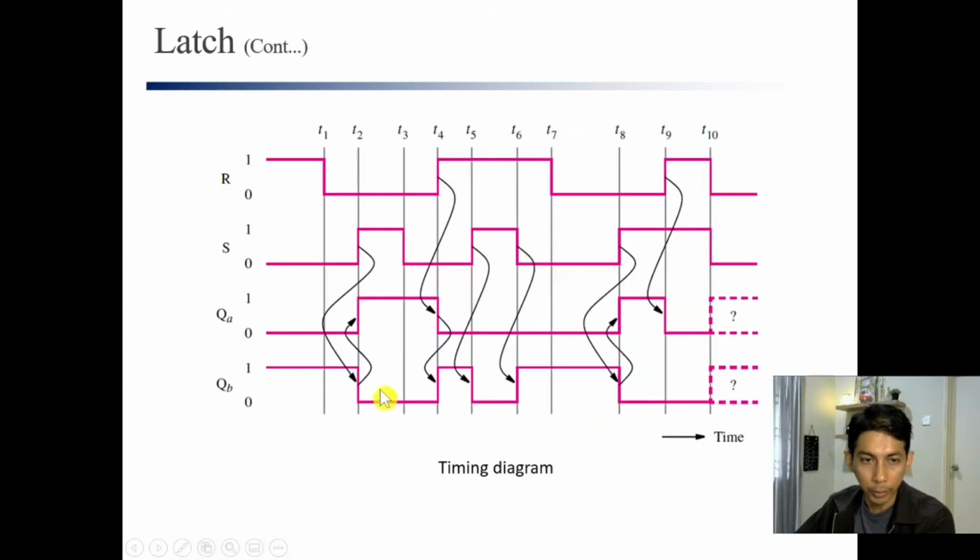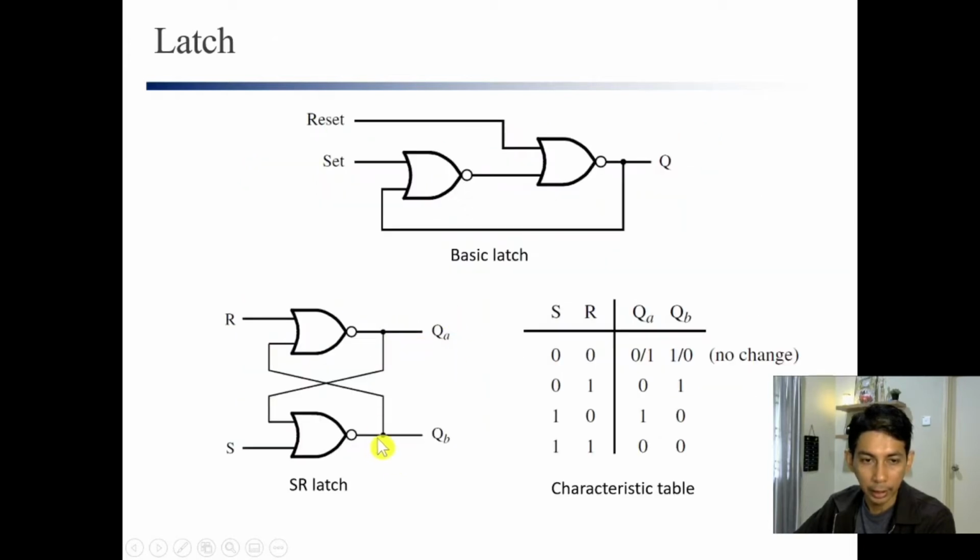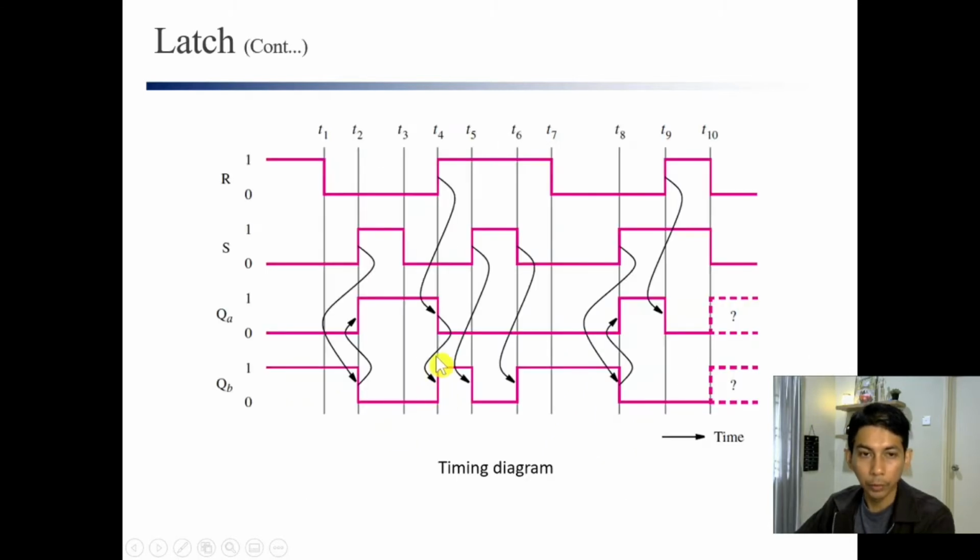That's why QB will change first. When S changes, QB will change from 1 to 0, and after that followed by QA, because QA is actually from this QB first. When you see the timing simulation in Quartus, you can see that this will happen first before this.